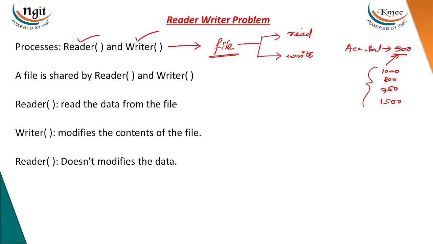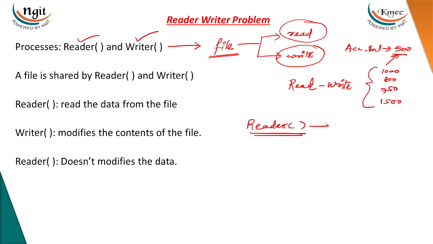Even if you want to write the data, that is modify the data on a shared file, first you need to read, then you write. But here there is a condition. What is that condition? The reader process does not modify the data, so there are no modifications.